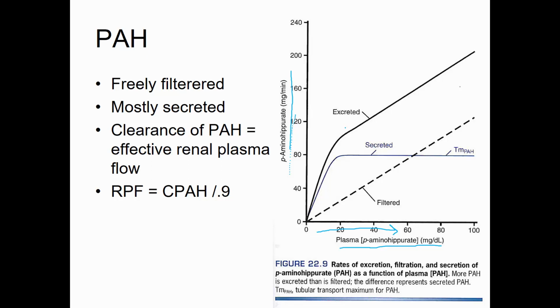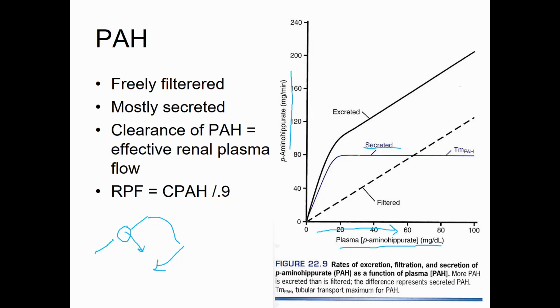However, we don't just filter PAH, we also secrete it. So we come in through the afferent arteriole, there's the glomerulus, there's the efferent arteriole. Some PAH is going to be filtered. And then the rest of the PAH is going to be secreted. Notice as the plasma concentration of PAH goes up, the more we secrete.